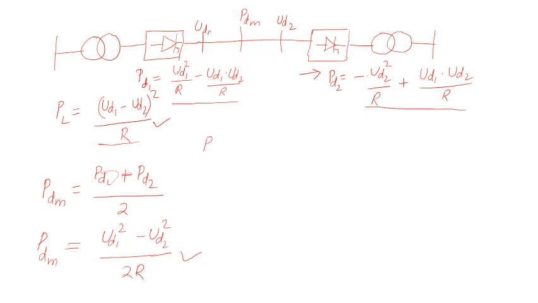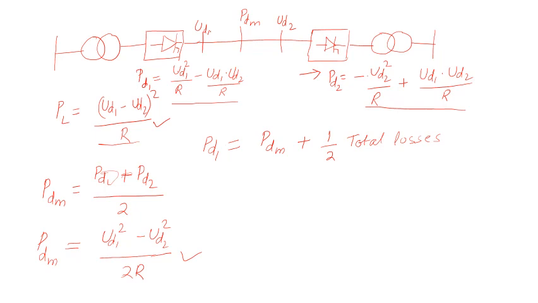So again I'm recalculating the sending end, or PD1. PD1 is the power at the middle plus half the total loss. You will see why we are doing this once I derive it.